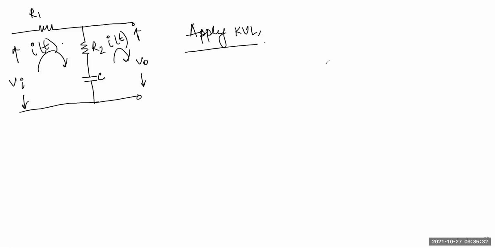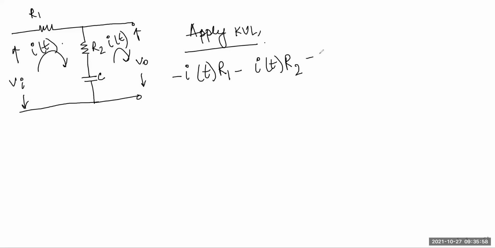Ma'am, VI equal to I R(t). Okay, I'm writing the equation, applying KVL, you just check it out. You have to apply some concepts of circuit theory here. So it's better, if you have not learned circuit theory nicely, to go through it once and do some problems, then it will be much clearer.